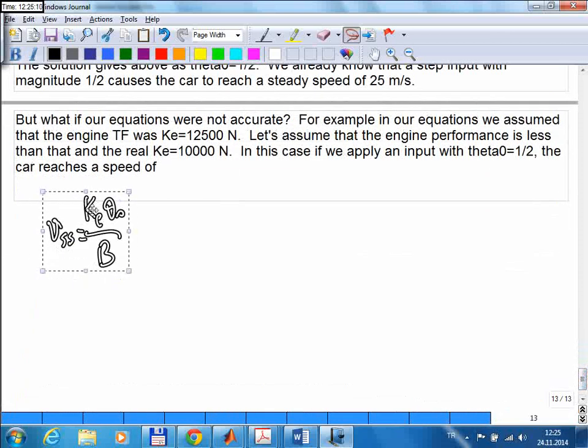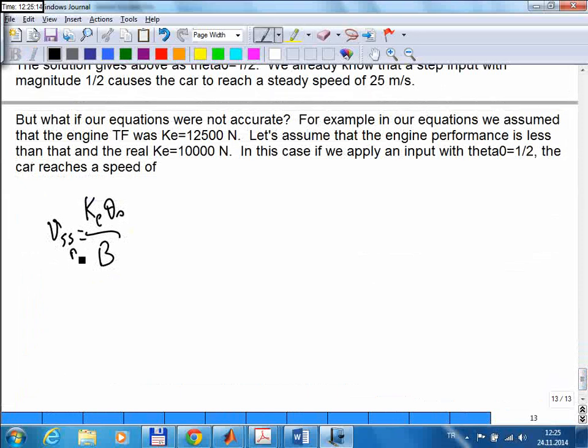Only the value of this numerical value changed, right? So this is the real, and I should use the real value for that KE. I think it's going to be 20, right? 20 meters per second.